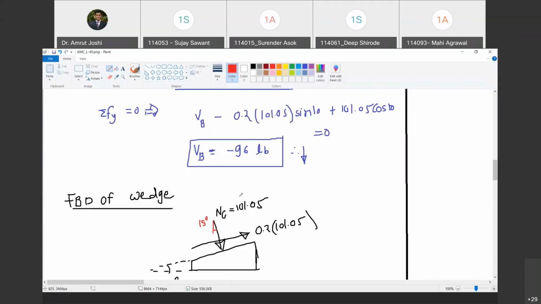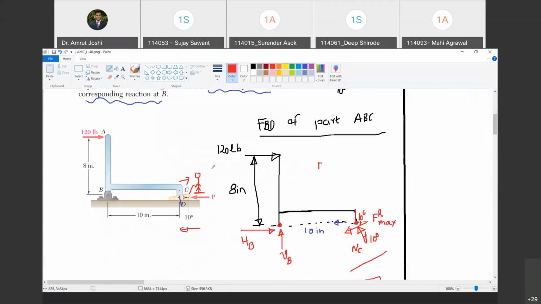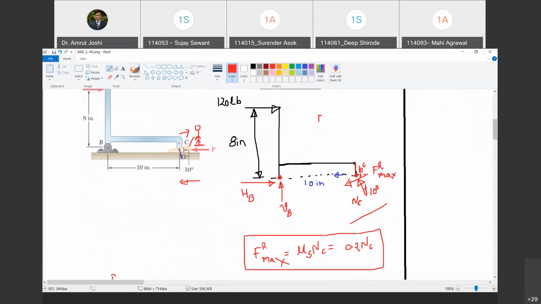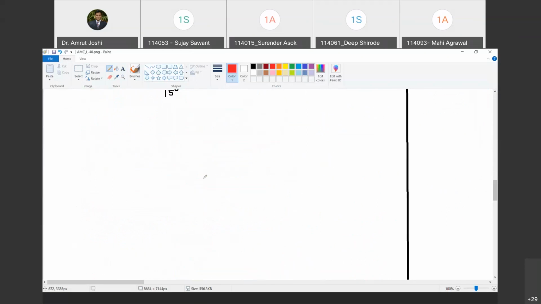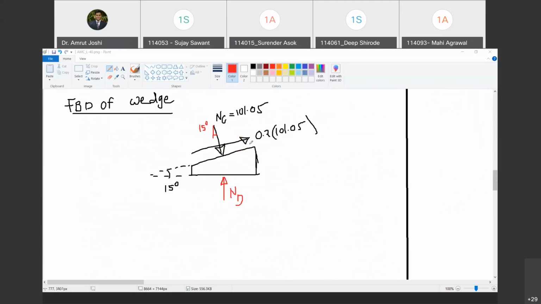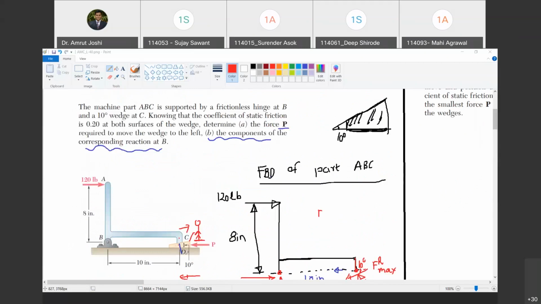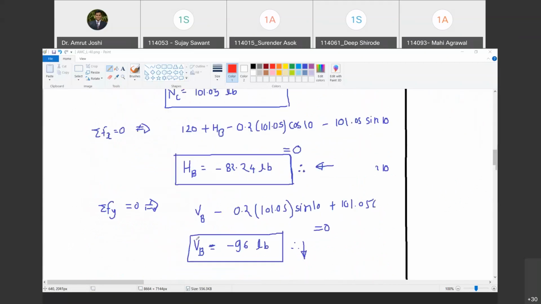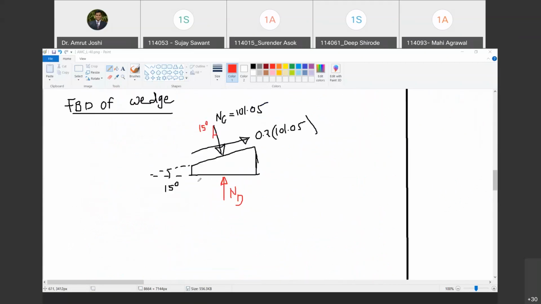Happy? Yes, sir. Then we are going to have a normal reaction at D that I am going to call it as ND offered by the floor on the wedge. Happy? Yes, sir. And as the wedge needs to move, therefore the frictional resistance between the wedge and floor must reach its maximum value. Do you agree with me? Yes, sir. And now that is going to be towards this.